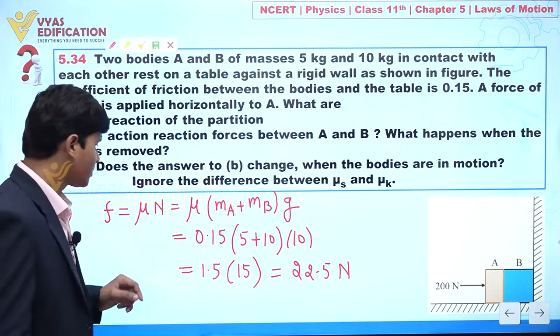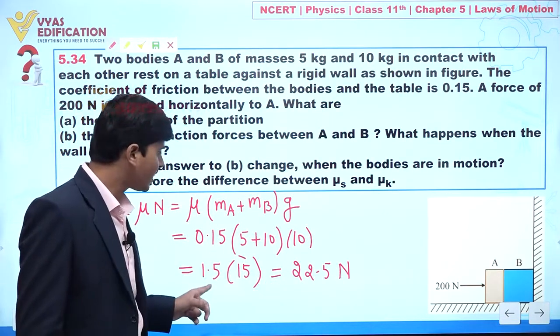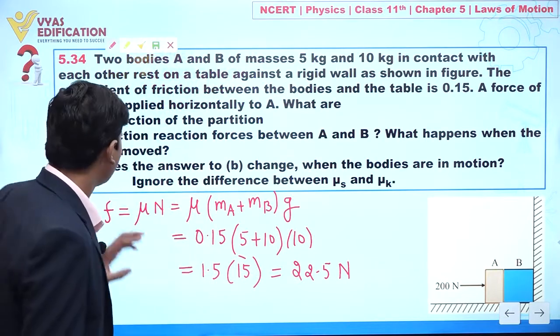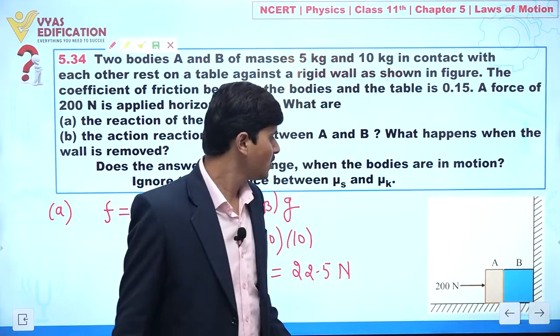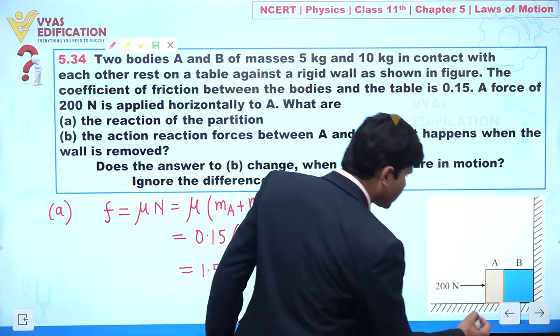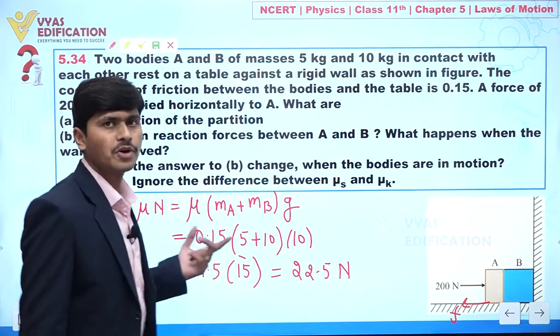We can write it like this: 15 multiplied by 15 is 225, divided by 10, so 22.5 Newton. So when I am exerting a force of 200 Newton on these blocks, the friction force acts towards the left with magnitude 22.5.